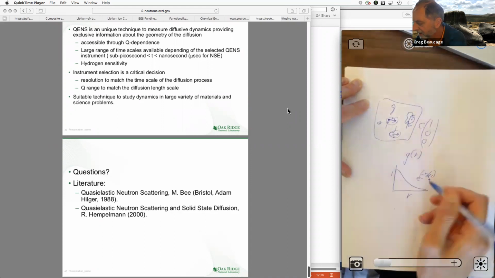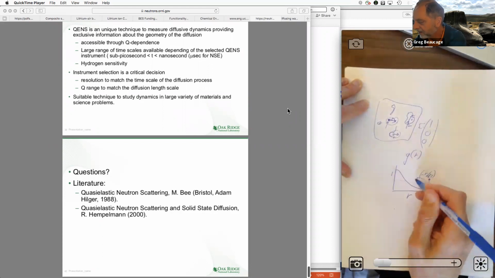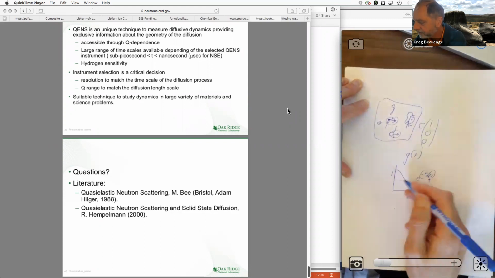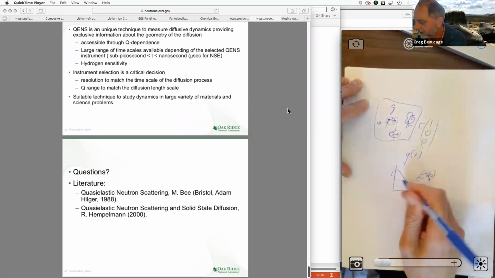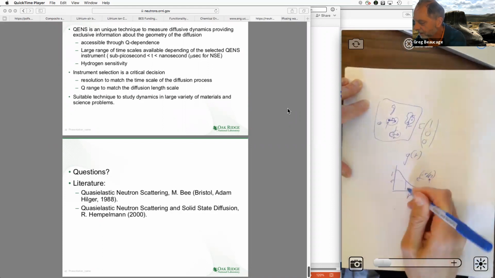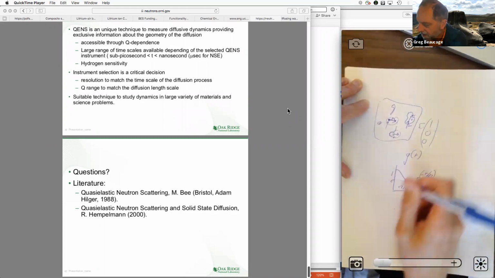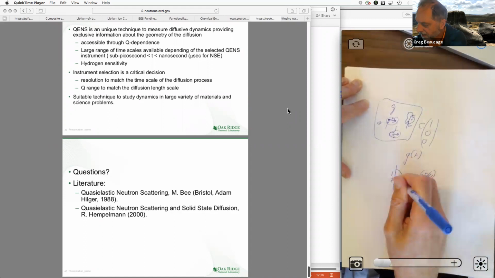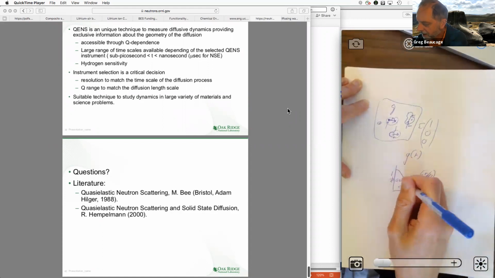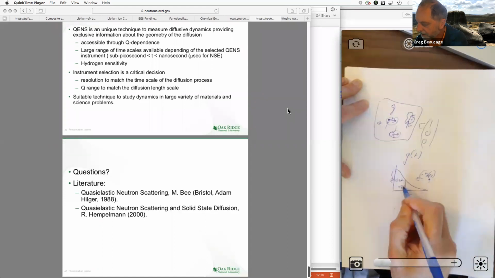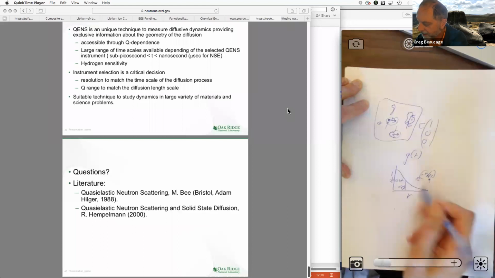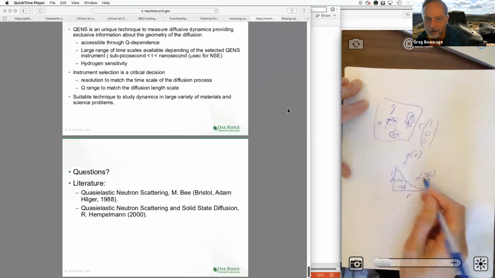When r equals that length, g of r equals 1 over e, so it's about 0.37 when you're at that length L. That average length is a measure of the segregation of the system.